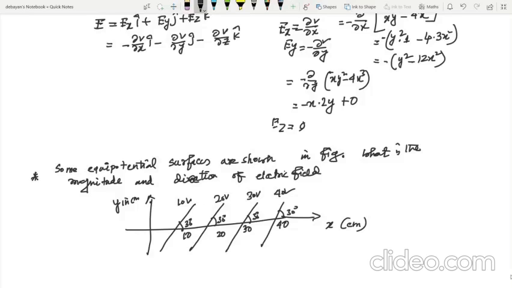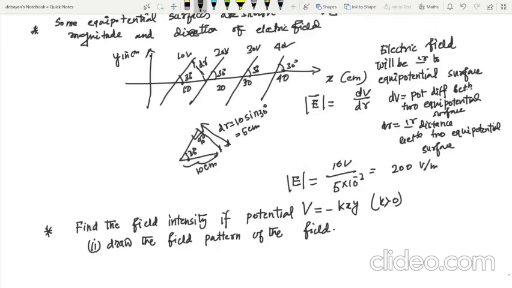Draw the field pattern of the field. So you have to find the field intensity if the potential is given like that, and now from that you have to find the field pattern. So Gaurav, tell me what should be the field intensity. I think you can calculate it easily. What should be the field intensity?